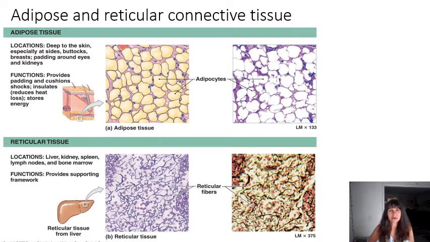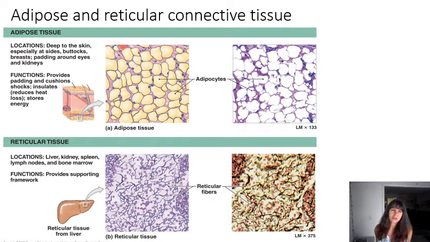Looking at adipose and reticular connective tissues, these are also loose connective tissue proper. The adipose connective tissue, as you look at the two pictures at the top, consists of cells known as adipocytes, and it is found deep to the skin, especially on the sides, the buttocks, the breasts, and padding around the eyes because they sit in a bony socket, and around the kidneys because the kidneys are so close to the back.